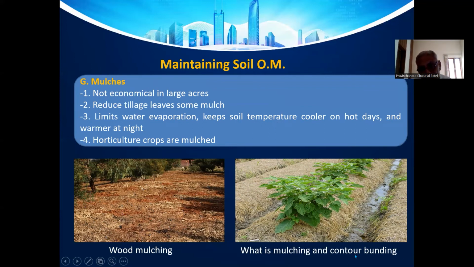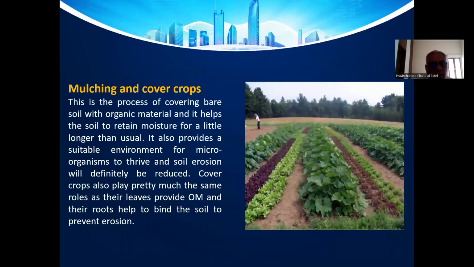What is mulching and contour bunding? You can see here. We can also use mulching as a contour bunding, which helps in protection from erosion. Then mulching and cover crop. This is the process of covering bare soil with organic material, and it helps the soil to retain moisture a little longer than usual.